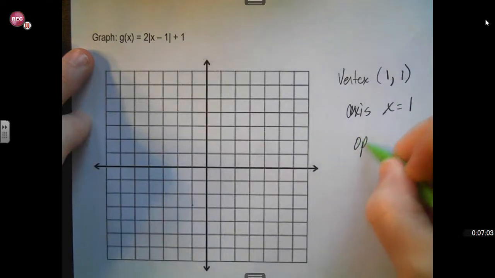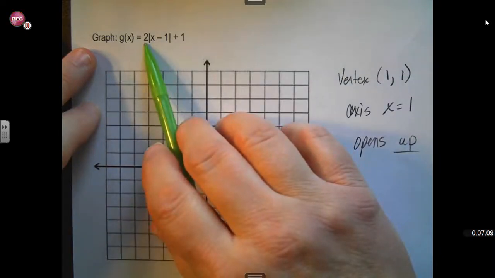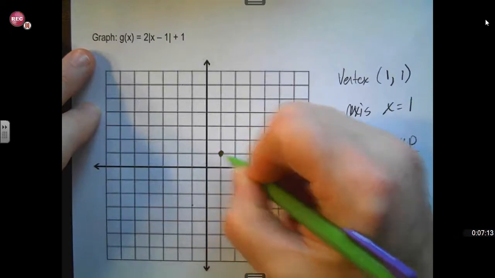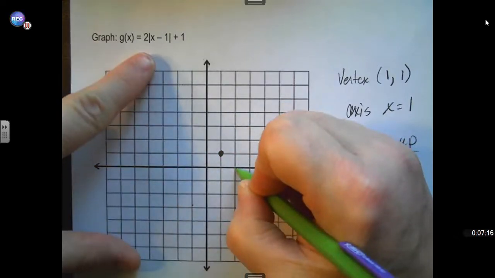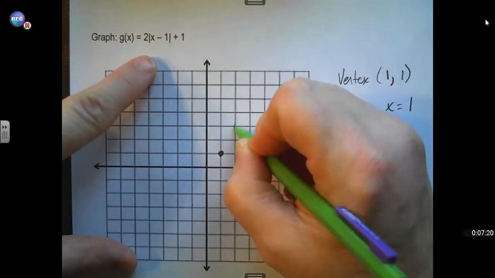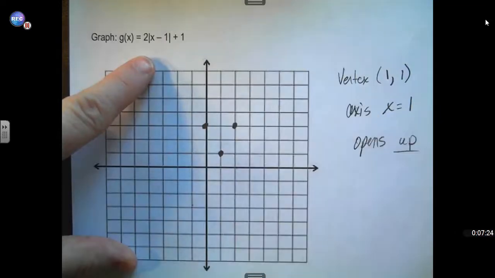This absolute value opens up because the 2 out here in front is positive. So I plot the point (1, 1). I plug in 2. 2 minus 1 is 1, times 2 is 2, plus 1 is 3. And then I use my axis of symmetry to get this other point.